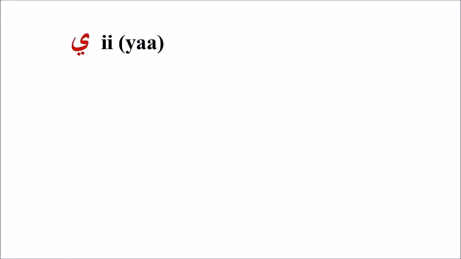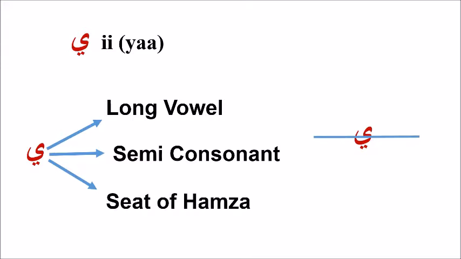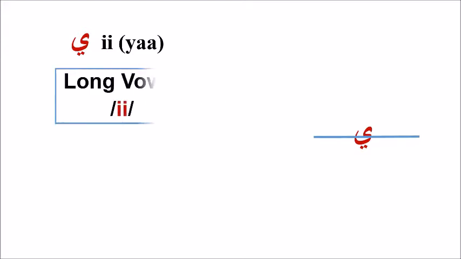The name of this letter is Ya. This letter Ya represents three functions in Arabic. The first of which is as a long vowel, the second as a semi-consonant, and the third as a seat of Hamza. In this lesson, we're concerned with its first function as a long vowel.